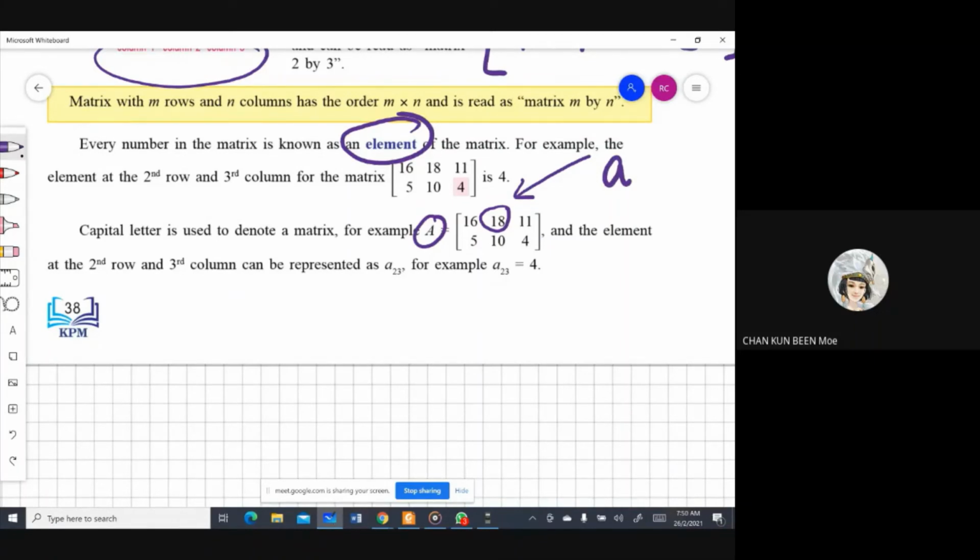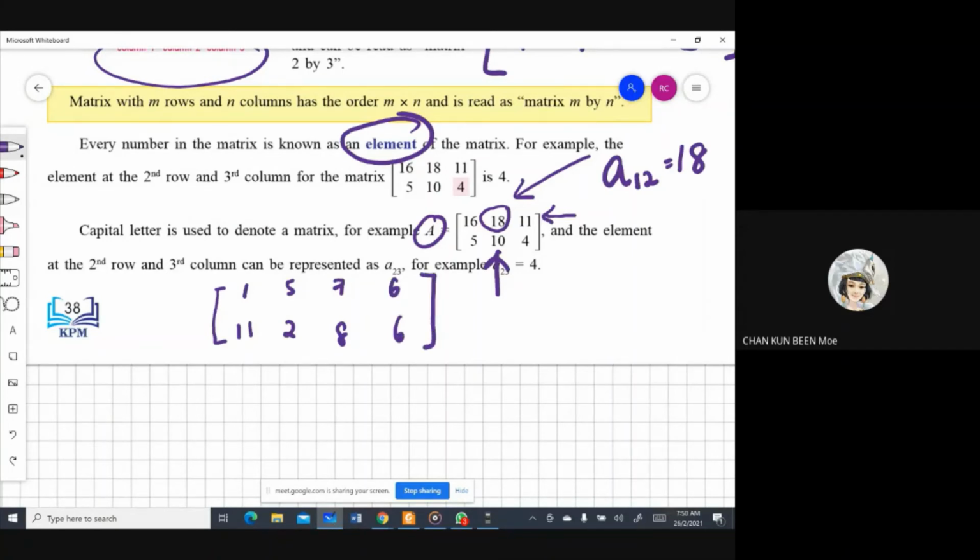So 18 is in the first row, so it will be a1. And then which column? This is the second column, right? So a12. The answer is 18. Now, if I give you a matrix, I'm going to give you 1, 5, 7, 9, 11, 2, 8, 6. This one I write down further.